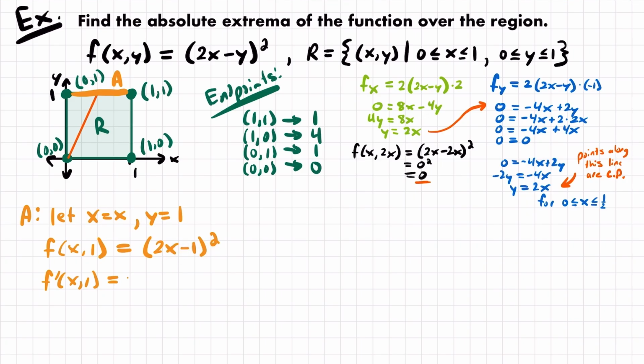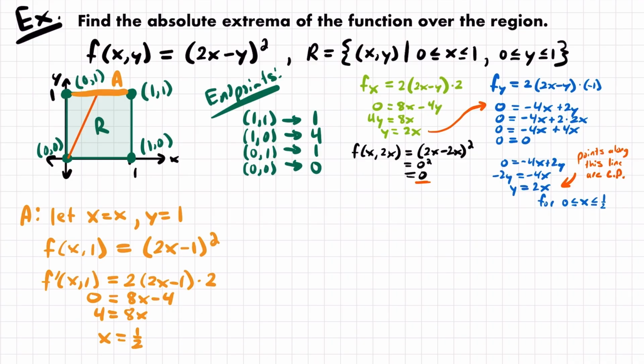Use the chain rule, multiply that 2 down, subtract 1 from that exponent, so it's to the first power, and then multiply by the derivative of the inside function, which is 2. And so simplifying, we get 8x minus 4. Then set that equal to 0 and solve for x. So adding 4 to both sides gives us 4 equals 8x, and then divide both sides by 8 to solve for x, and you'll get x equals 1/2.